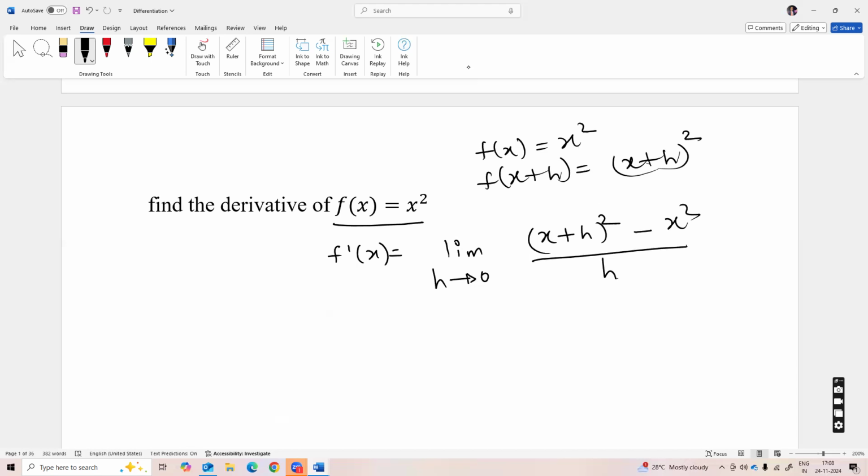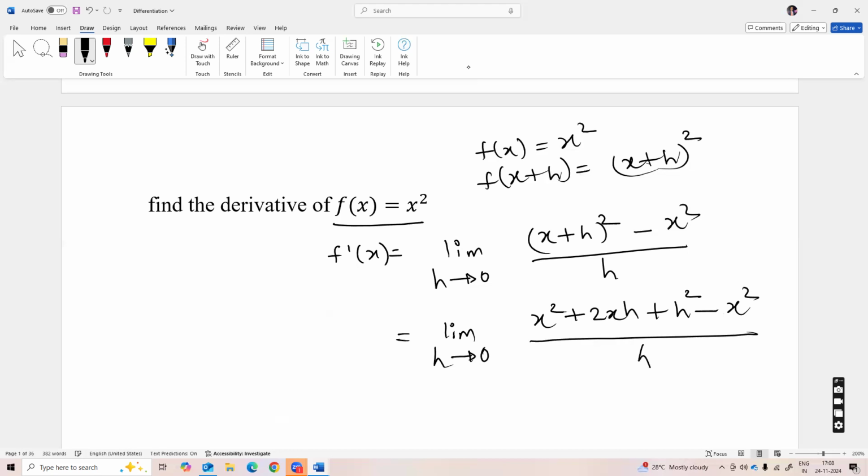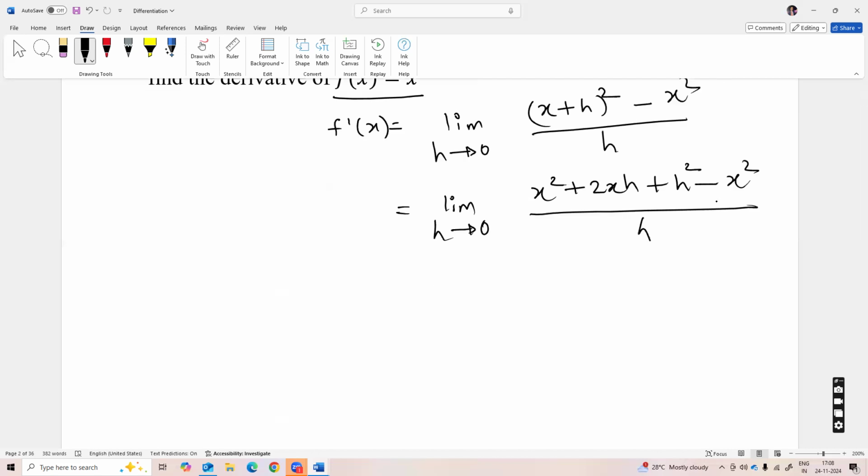Let's expand this. We get limit h tends to 0 of x square plus 2xh plus h square minus x square, divided by h. The x square will get cancelled.